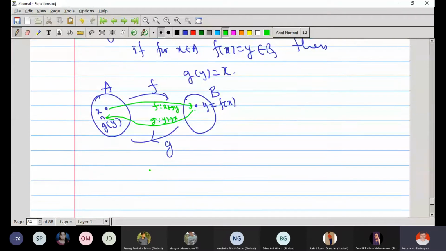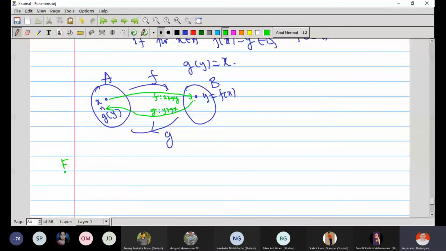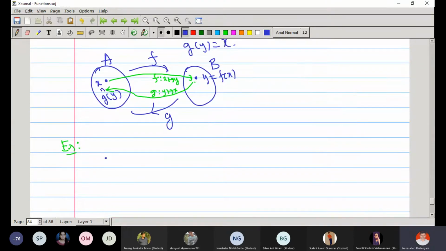For example, define f from R to R, f of x is equal to 2x plus 3. Okay, is it a bijective function?